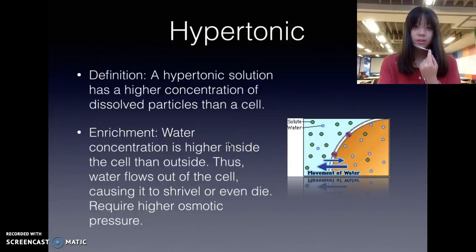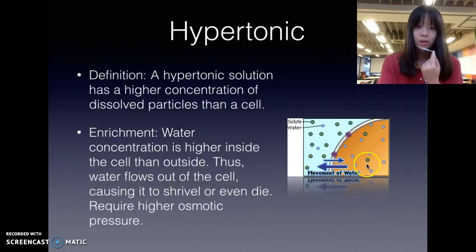Some enrichment of this vocabulary: the water concentration is higher inside the cell than outside. So the water will tend to flow out of the cell because the definition of osmosis is the water molecules move from lower concentration to higher concentration.